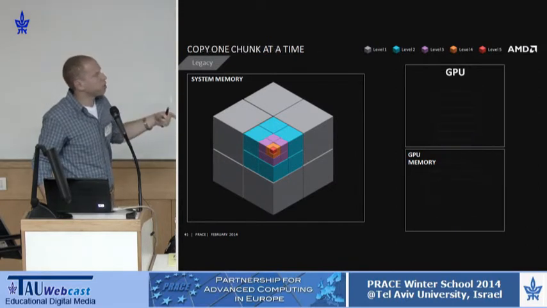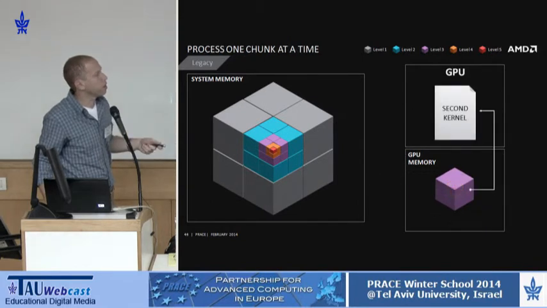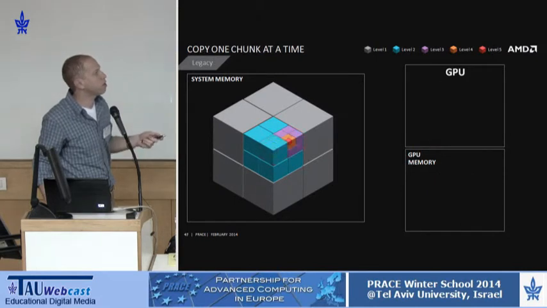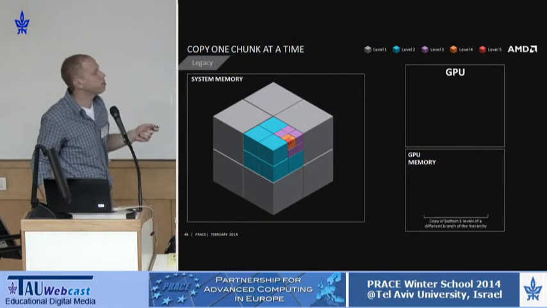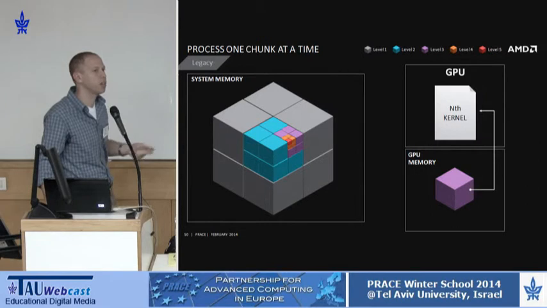And then we'll launch a second kernel to access the lower levels of the tree, and save it in some intermediate buffer, and then we'll copy a different subtree of the graph into local memory and traverse there until, in this instance, we have about 64 chunks of this huge database to copy back and forth into GPU local memory, just to be able to traverse it in its entirety.